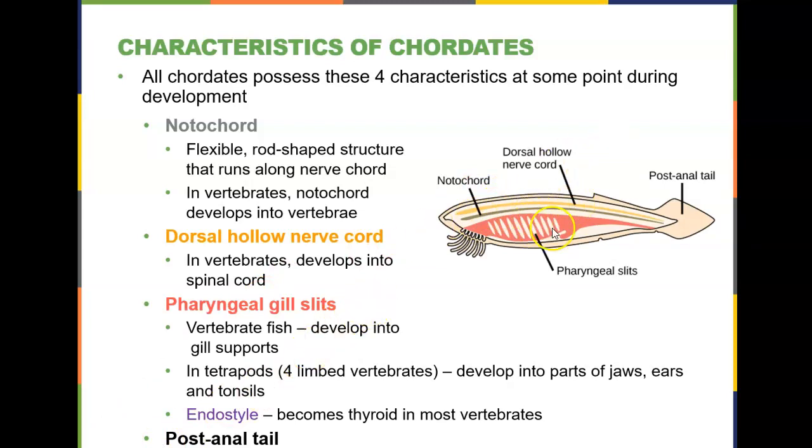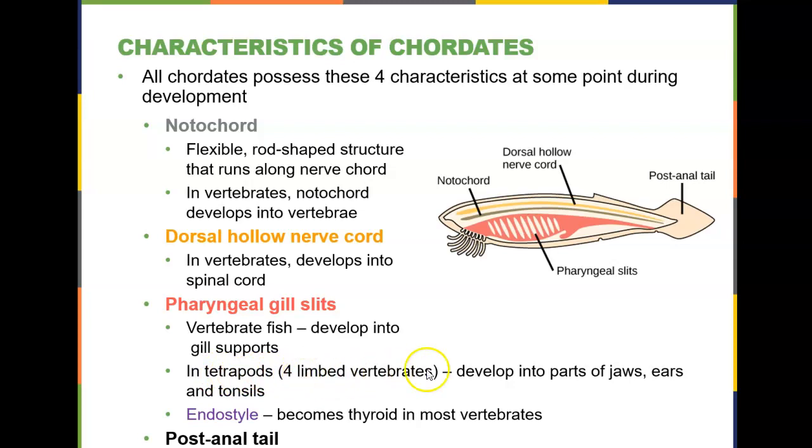The third thing is the pharyngeal gill slits, shown here in this peach color. In invertebrate fish, this will develop into the gill supports, or the organ that allows for the animal to take oxygen for respiration out of the water. Now, this is not true in tetrapods, or those vertebrates with four limbs.